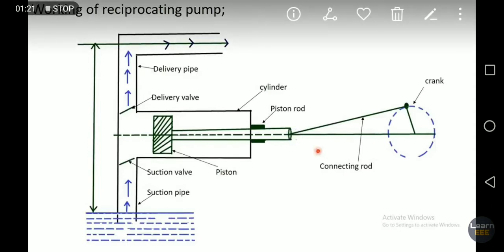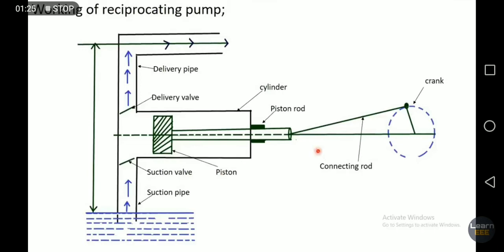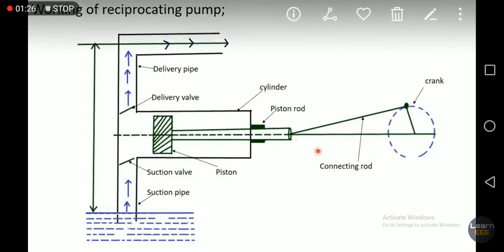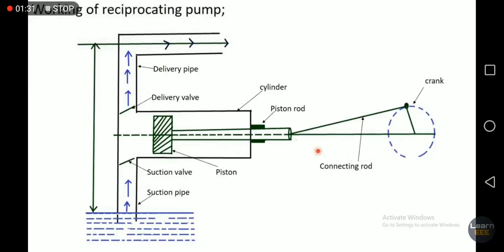The piston rod's one end is connected to the connecting rod, and the other end is connected to the piston. The piston moves in a horizontal direction inside the cylinder bore. Here in this diagram, on my left hand side, the pipe is connected with the head of the cylinder.